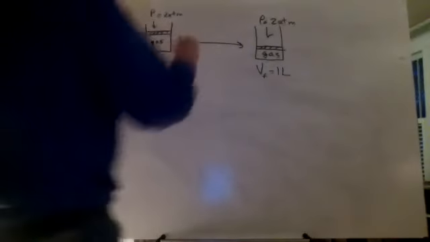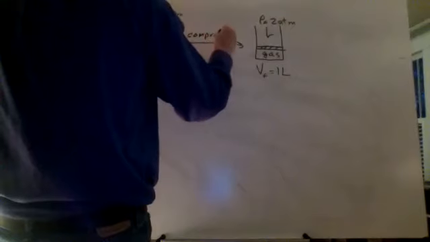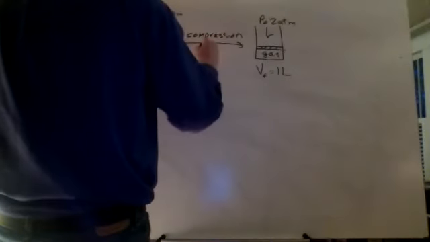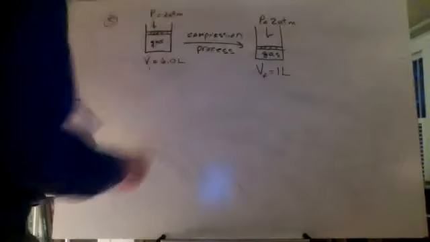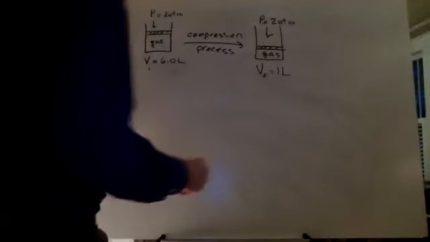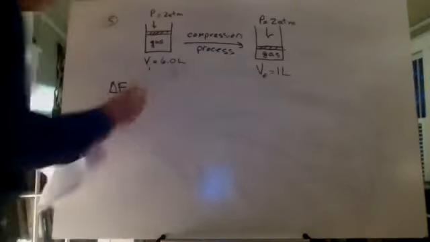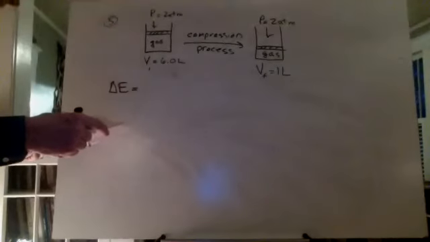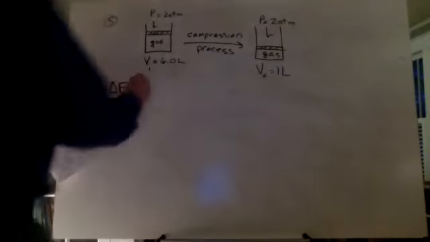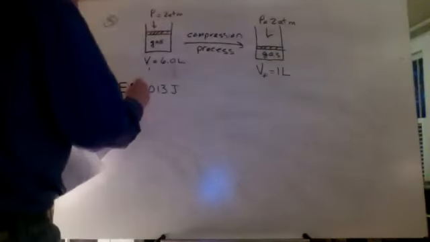And you're told that during this process, this is a compression process, we're compressing the gas into a smaller volume. And as a result, delta E for the process, the total energy change of the gas, is equal to, what are you told there? 1,013 joules, positive.